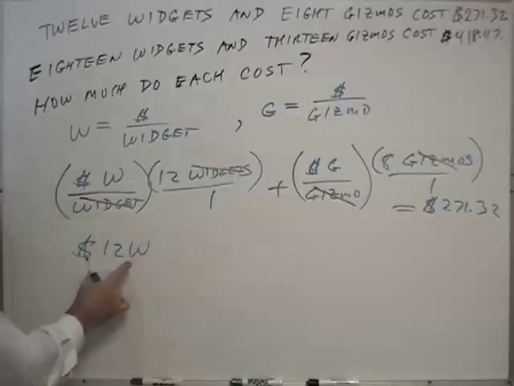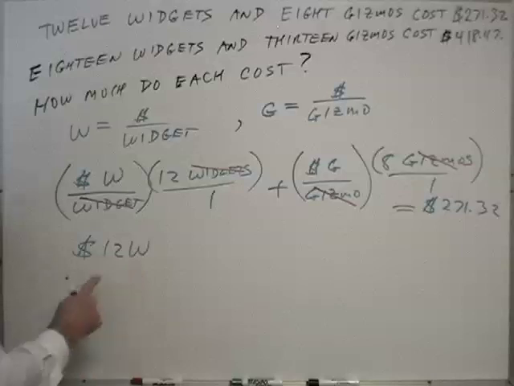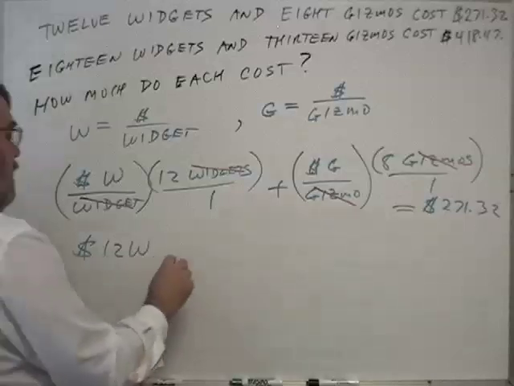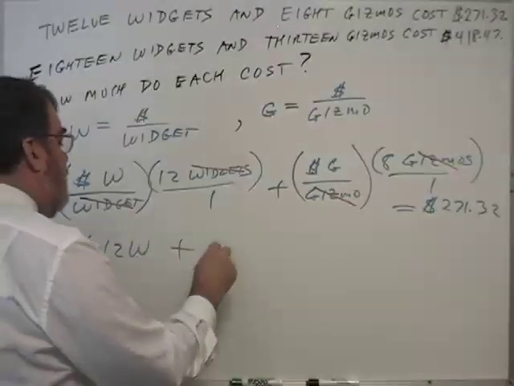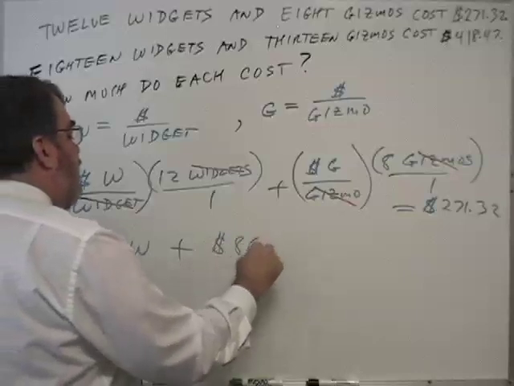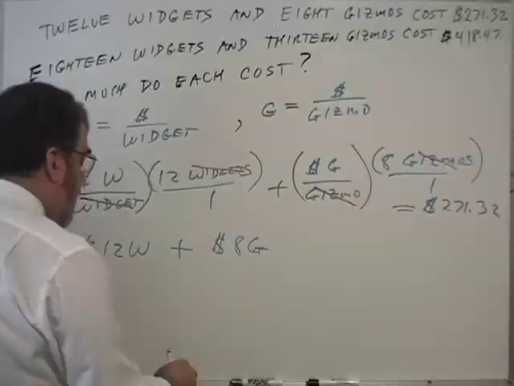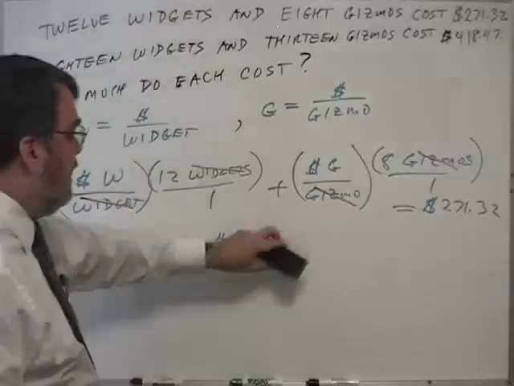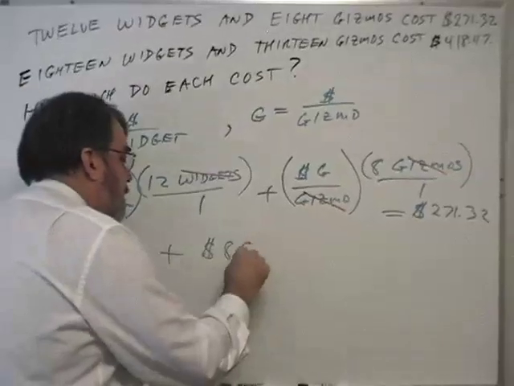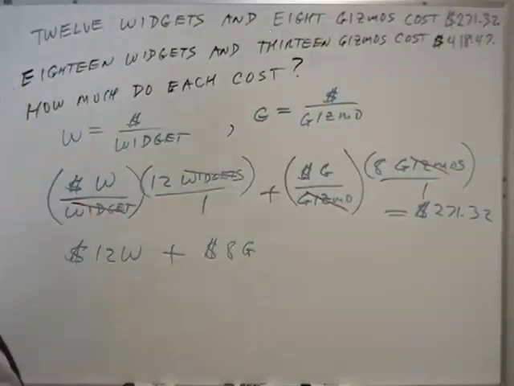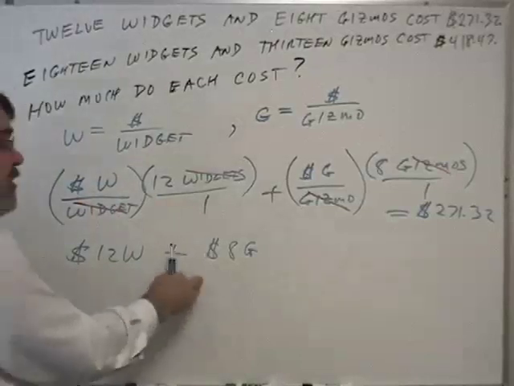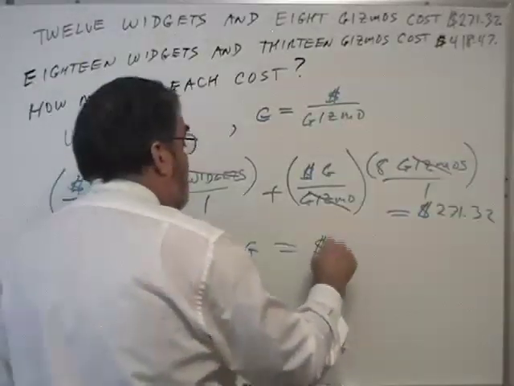So these are the dollars that we're making from selling 12 widgets. And to that we're going to add the $8 times G, which is the number of dollars we make from selling gizmos. So we're adding dollars plus dollars to get dollars.